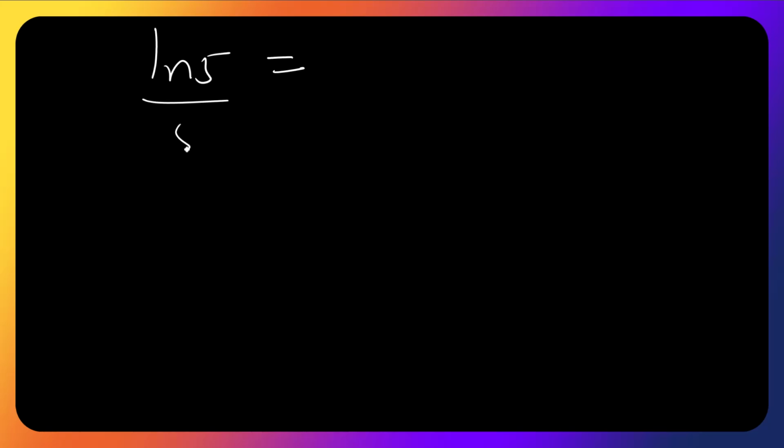So we have ln of 5 over 5 equals ln of x over x. From here, when you compare, you see that x equals 5, but we can still probe further.